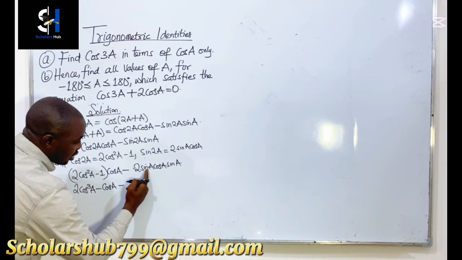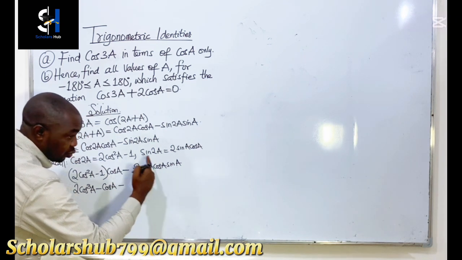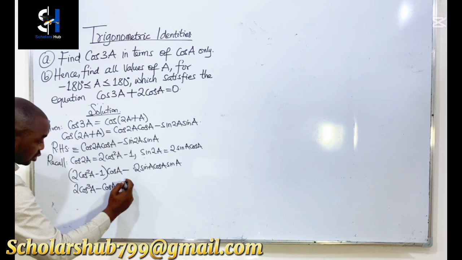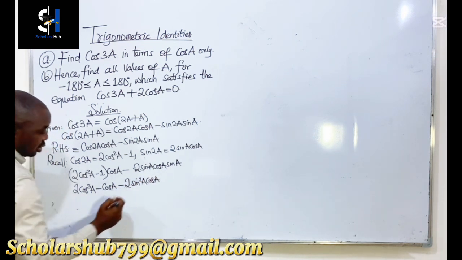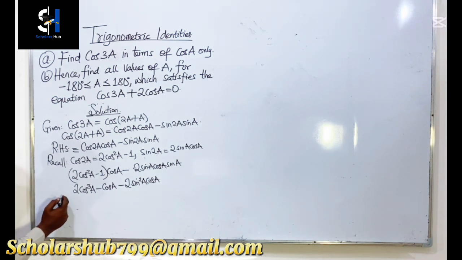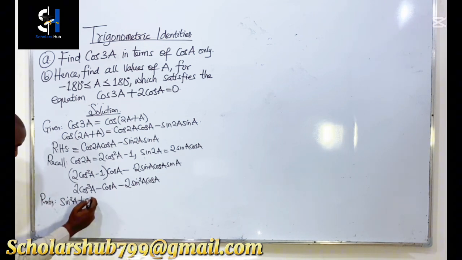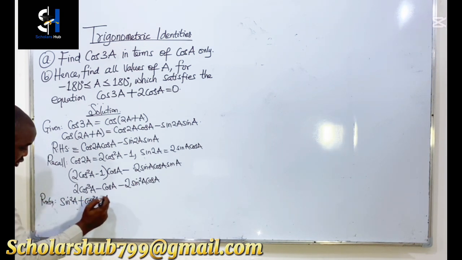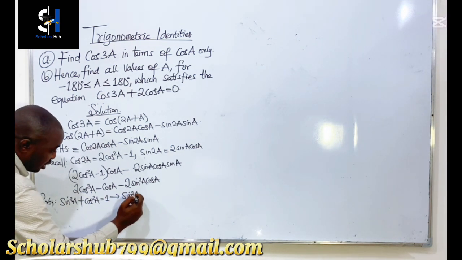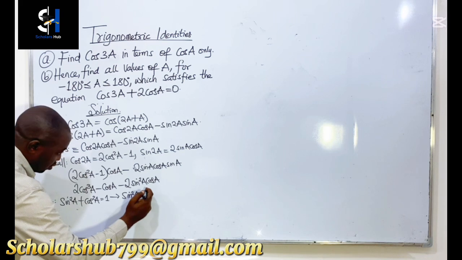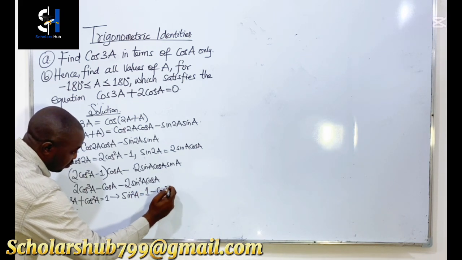Now sine A multiplied by sine A is sine squared A. So this will be 2 sine squared A cos A. Now let's not forget, remember, sine squared A plus cos squared A is equal to 1, which means sine squared A will be equal to 1 minus cos squared A.